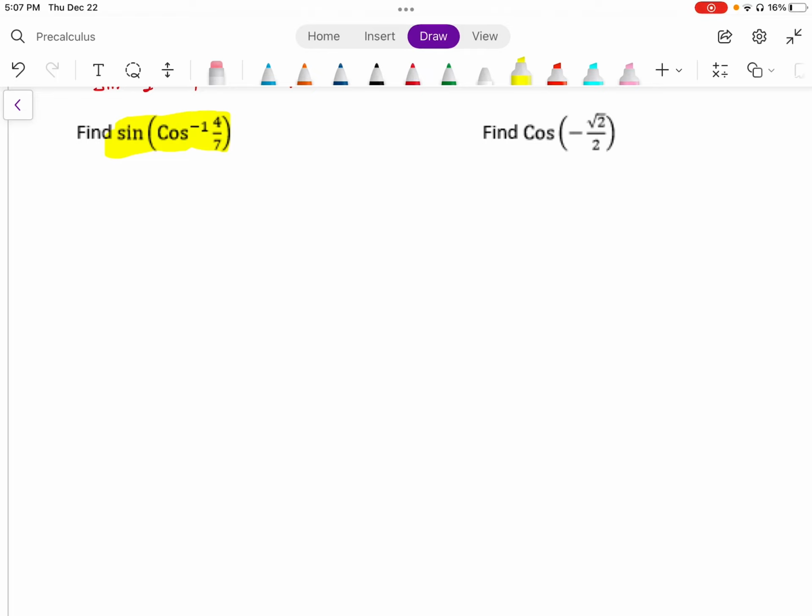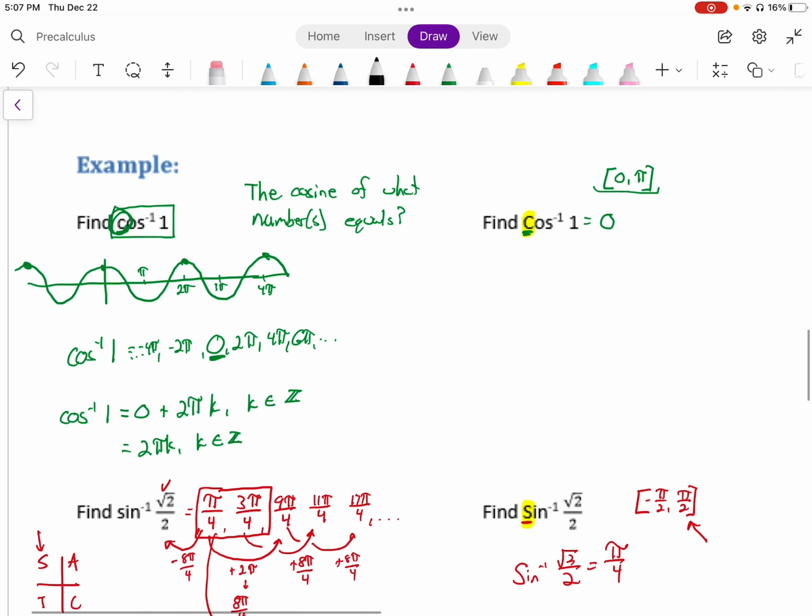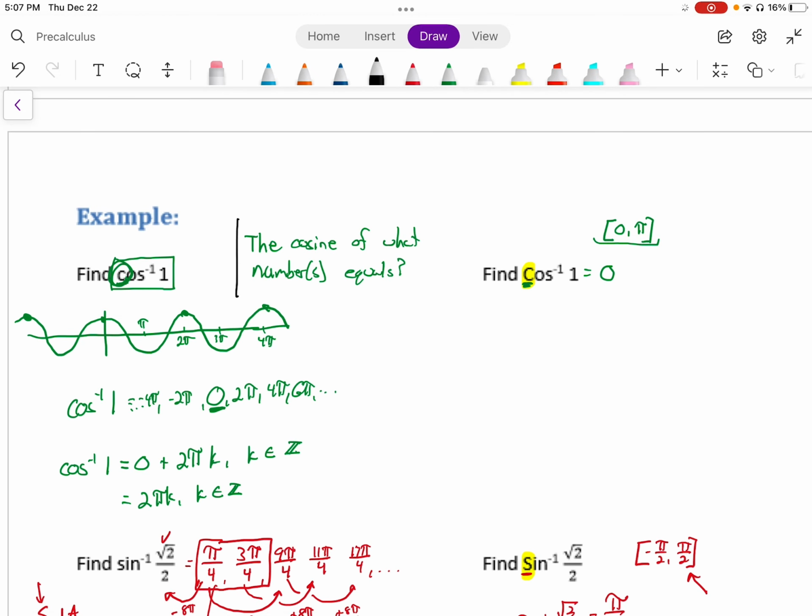Sine of inverse cosine of 4/7. Well, if we think back to what I mentioned before, it's a capital C, so it's only looking for one solution. And way up here, I said when we see something like an inverse cosine, it's like the cosine of what number, maybe I should have said what angle, represented by a number, equals.